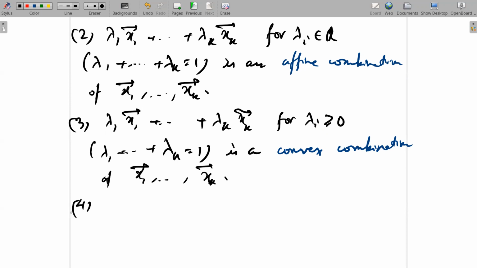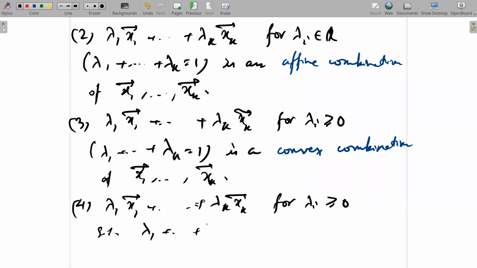And 4 is what will be a positive combination. So same expression, just we are varying what coefficients are allowed. For lambda i bigger than or equal to 0, sorry, here you don't have any restriction on the sum. So this is a positive combination.